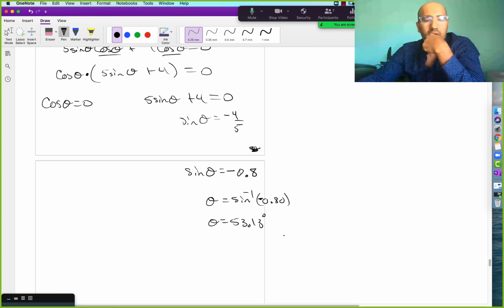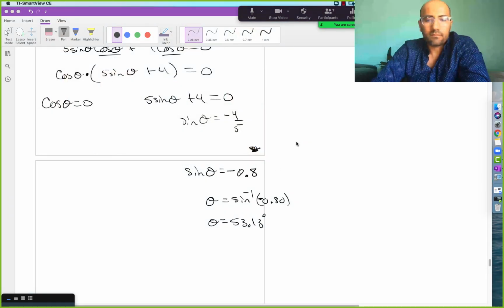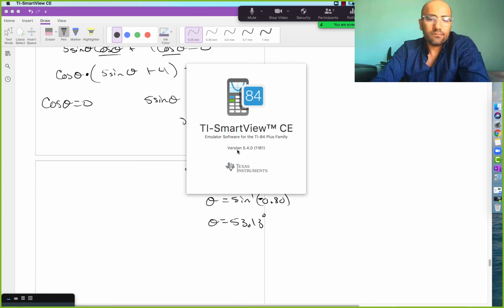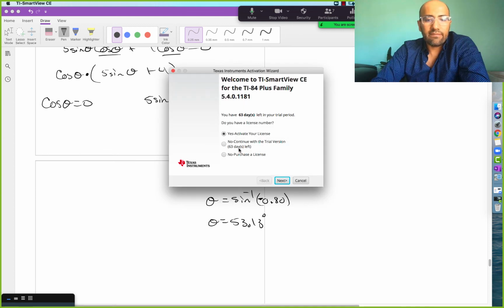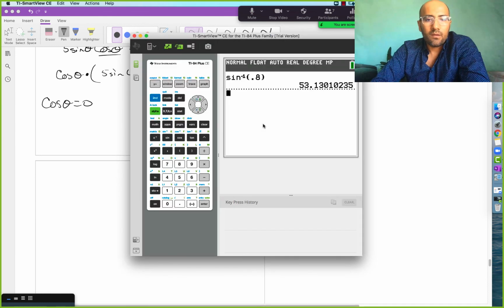Wait a minute, I think I didn't put negative. This is not right. It's got to give you negative 53.13 degrees. Yes, it's supposed to be negative 0.8.